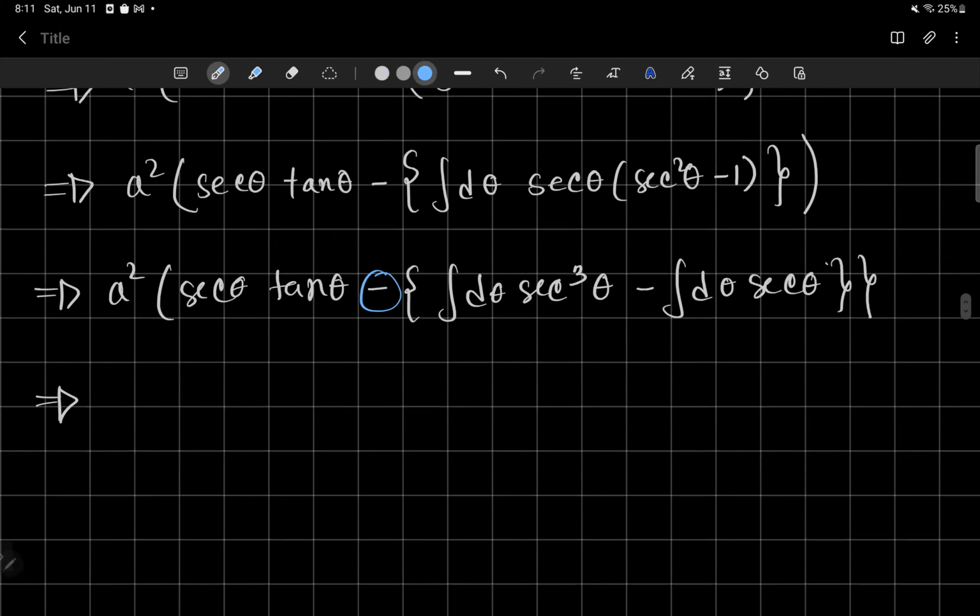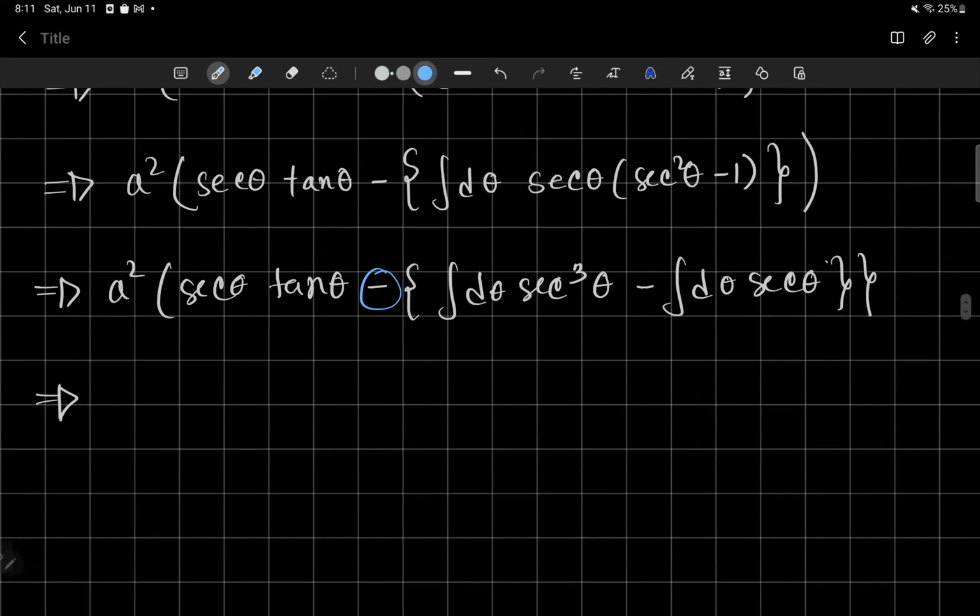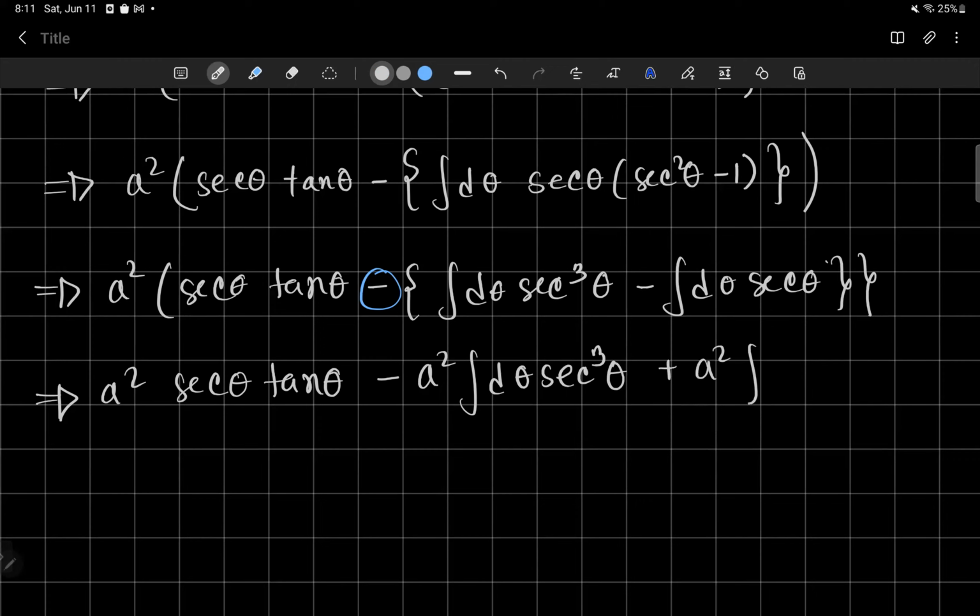The idea is to get rid of all these braces and see what happens. a squared sec theta tan theta minus a squared d theta sec cubed theta plus a squared d theta sec theta.